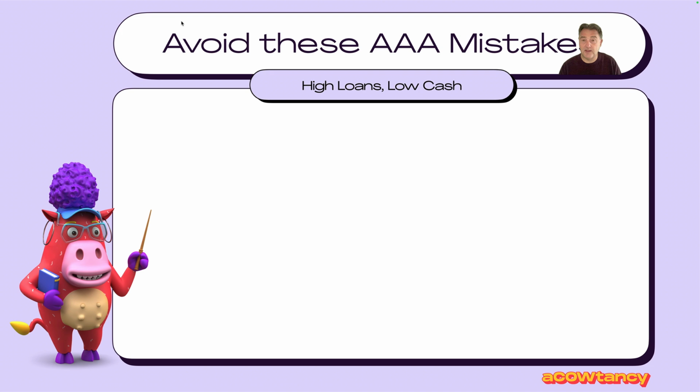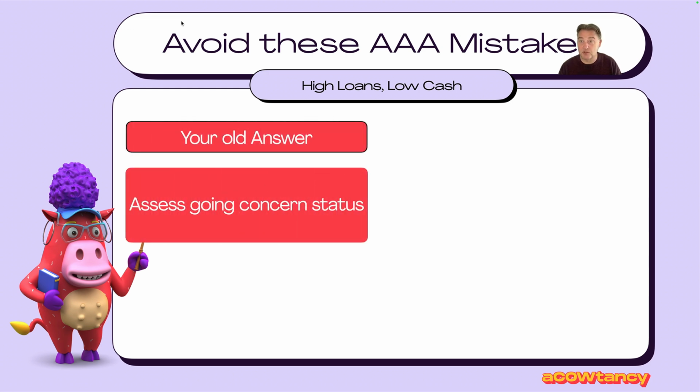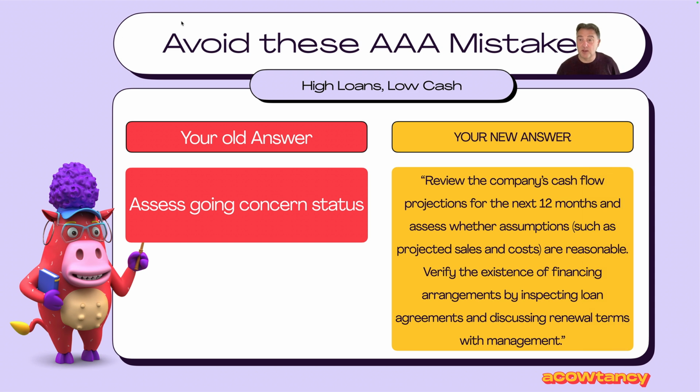Final one we're going to look at then, high loans, low cash. What are you worried about here? Particularly if it's high loans that will be payable within a year, hopefully you're worried about going concern. So what you used to write is, oh, I'm going to assess going concern. Check going concern status. Your new answer would be, I'm going to review the company's cash flows for the next 12 months.